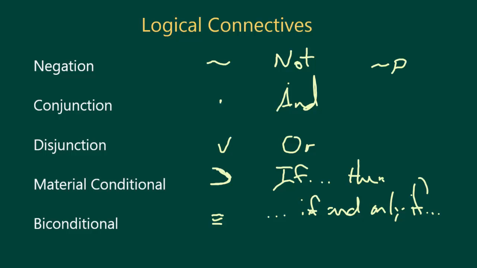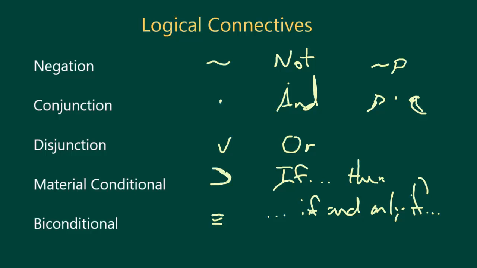That proposition could be compound or it could be simple, but the tilde goes out front. Conjunction is a binary connective, and it goes in between our propositions.